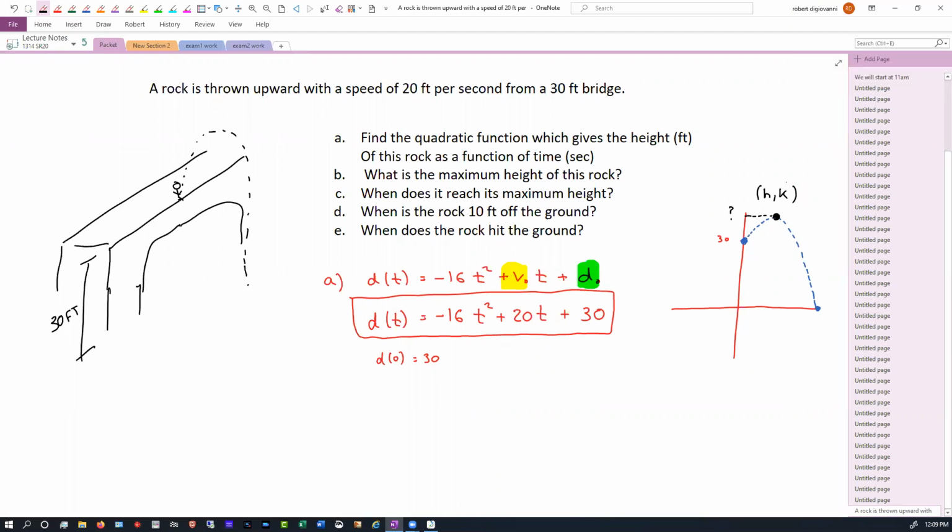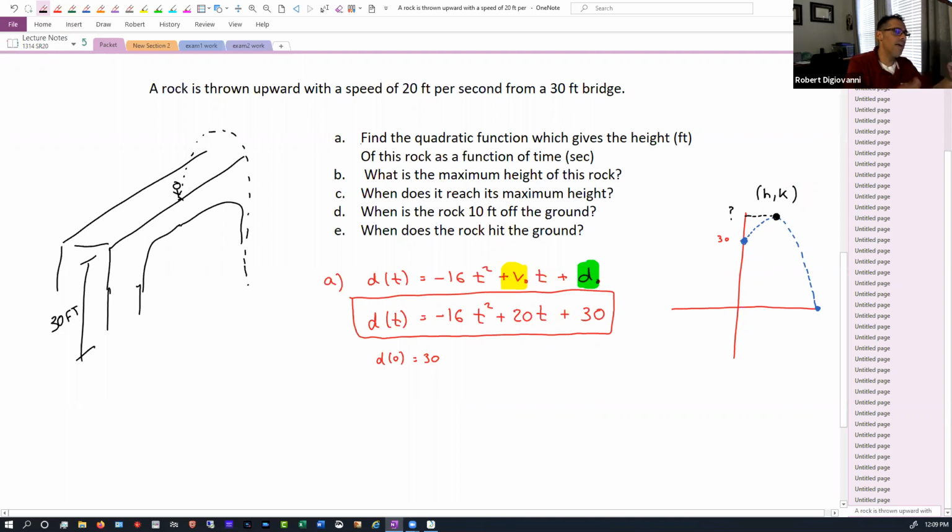The K. So part A is asking us just to come up with the function. Part B is really asking us to find out what K is from the vertex.